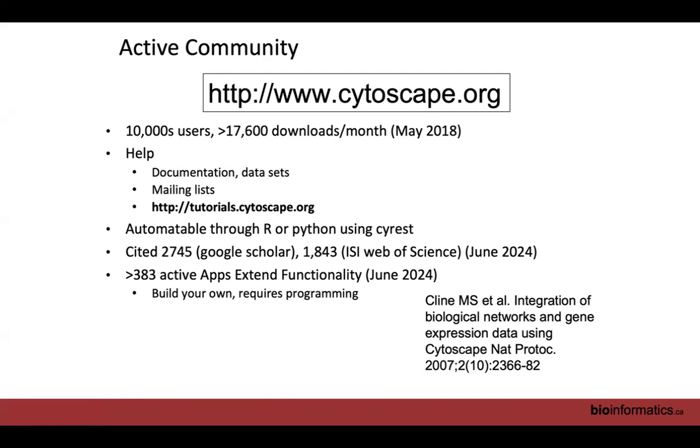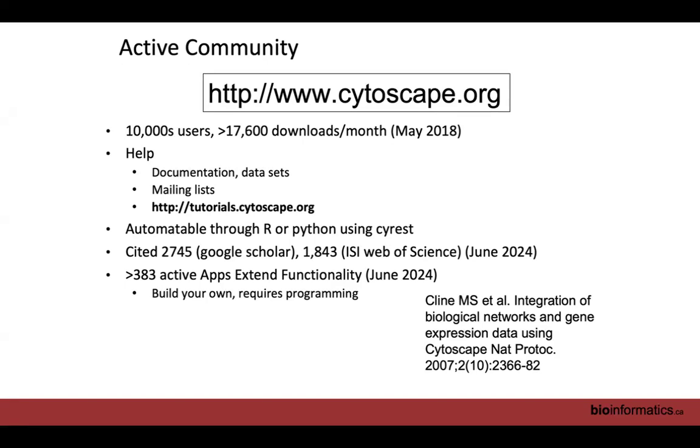Another very cool feature that I personally use and is a lifesaver is that you're actually able to automate a lot of the features in Cytoscape through R or through Python using a RESTful interface.